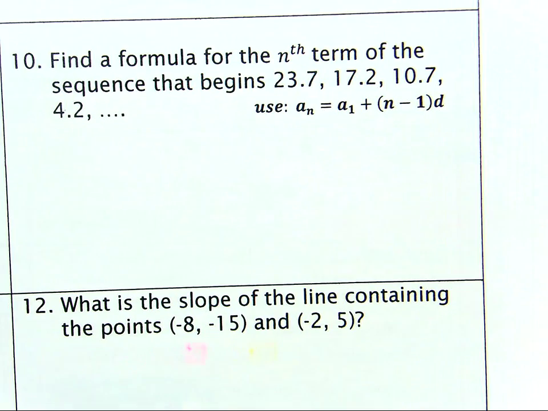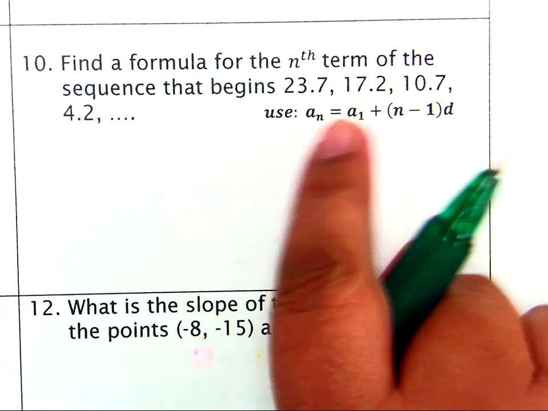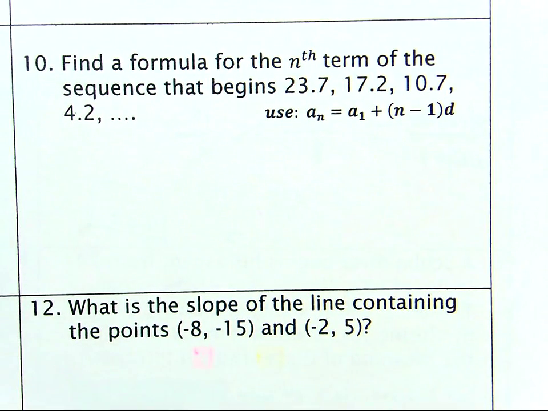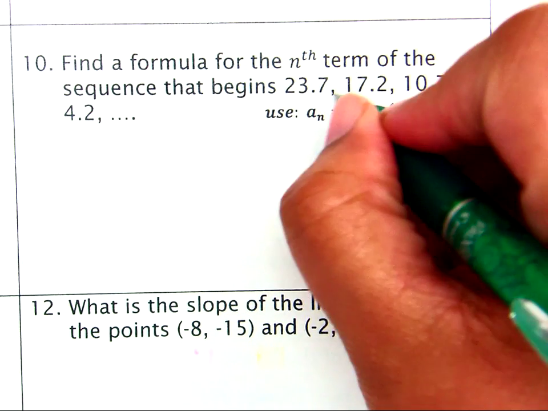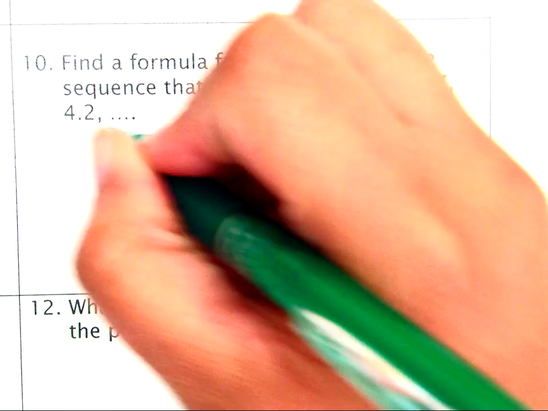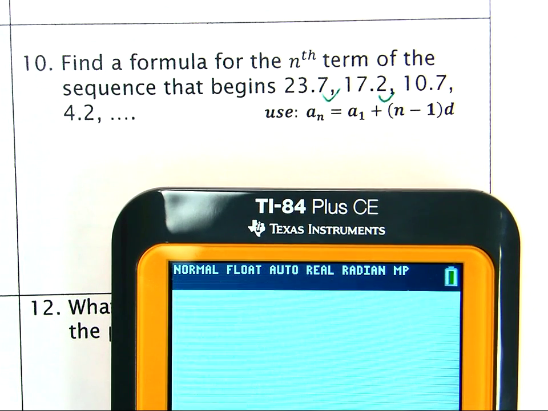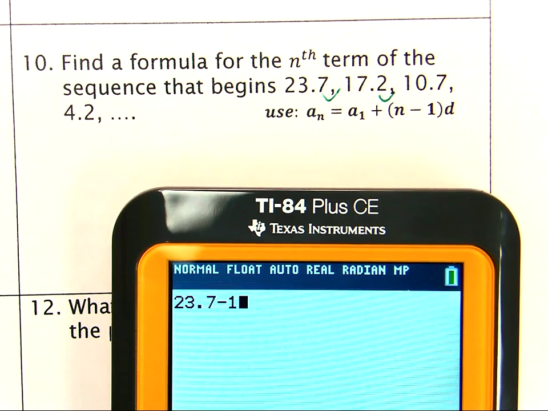This time we're trying to find the difference. We're trying to find the formula of the nth term, so we're not looking for a specific number. So I got to find the difference between these numbers. So what I'm going to do is I'm just going to subtract 23.7 minus 17.2.